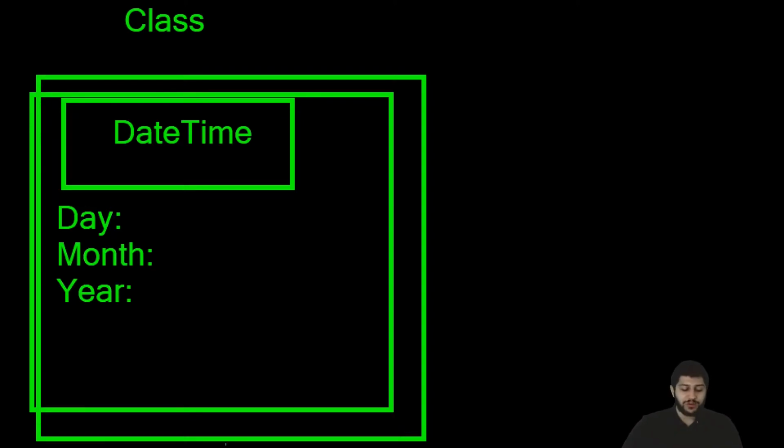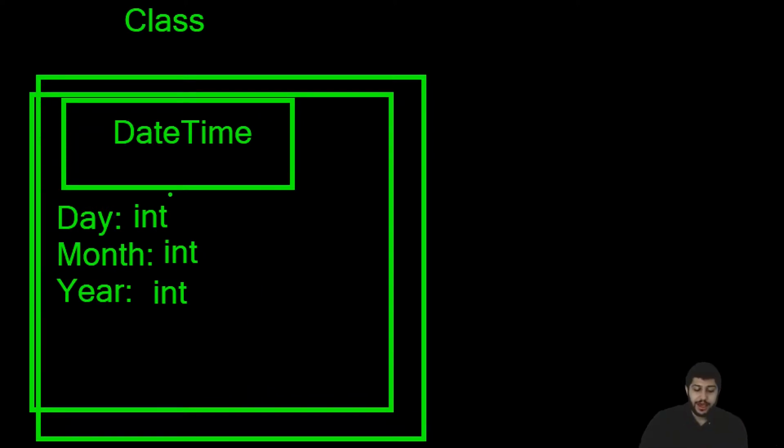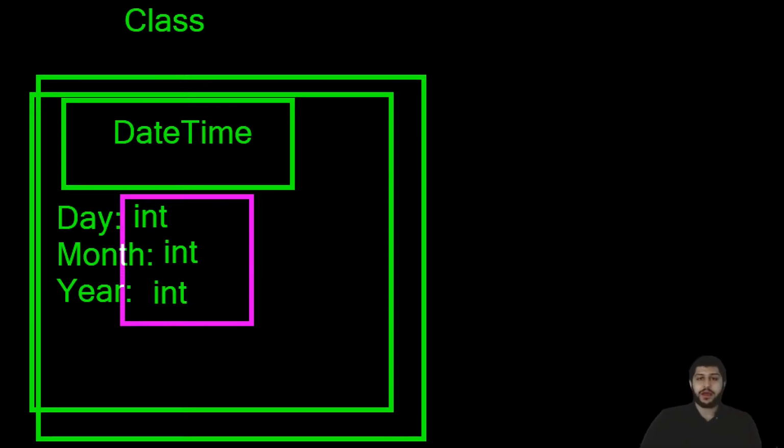So each object, each concrete object, so if we have this datetime class, the month is an integer, year is an integer, and everything is abstract.